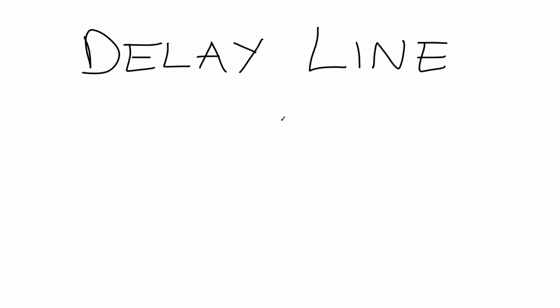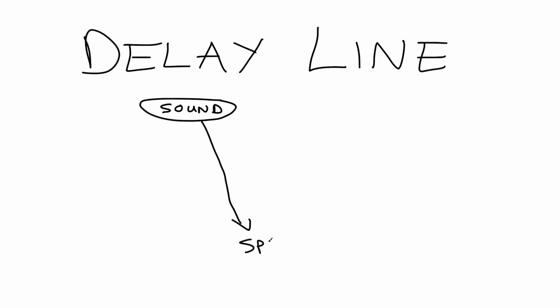So let's try to visualize this, where we have a sound, and we send our sound out to a speaker so we can hear it. In a delay line, that same sound, while it's being sent out to the speaker, we put into something called a buffer.